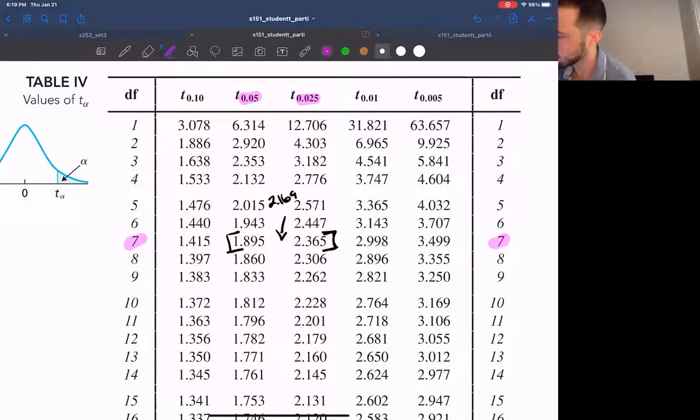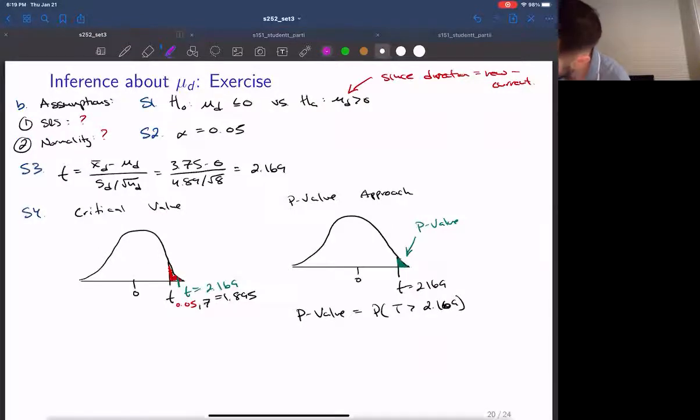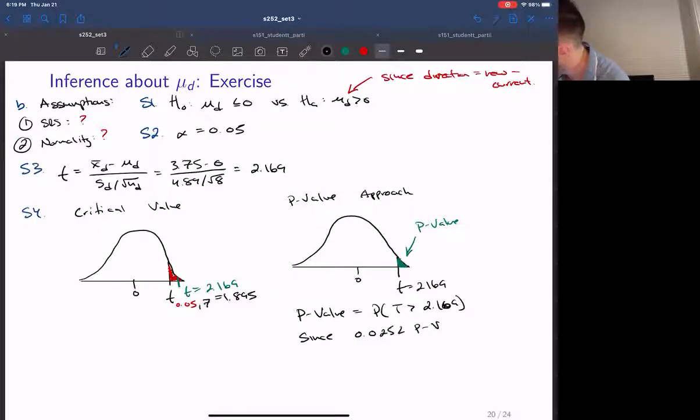All right, so since 0.025 is less than the probability t greater than 2.169, which is less than 0.05, then 0.025 is less than the p-value, which is less than 0.05.